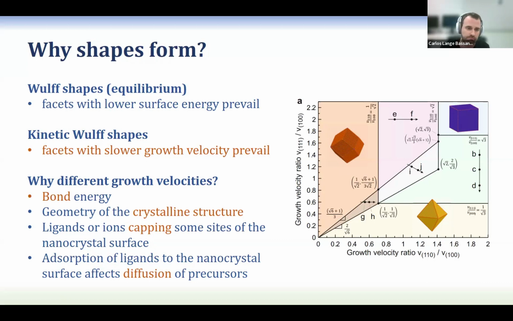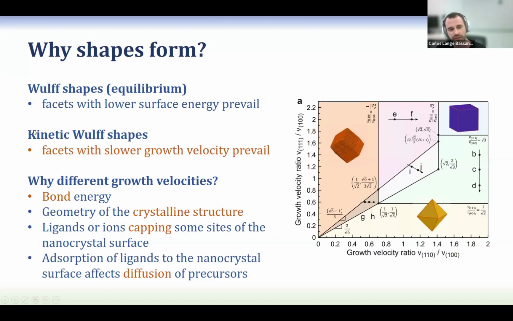But actually things happen on the go, and even in the same system, gold nanoparticles, for example, can have a big variety of shapes: cubes, rhombic dodecahedra, octahedra, decahedra, dodecahedra, icosahedra, and so on. And all of them form in very similar conditions. An equilibrium Wulff shape would be the same, but we have other shapes that are kinetically entrapped in local energy minima.